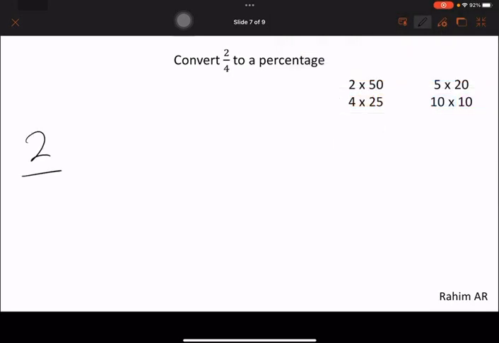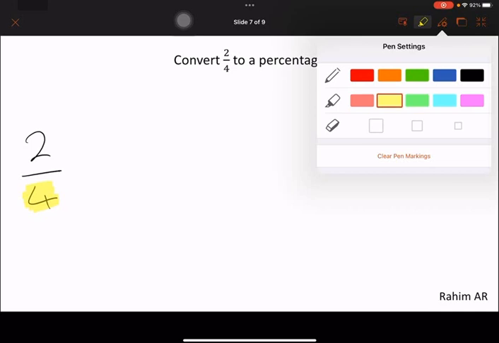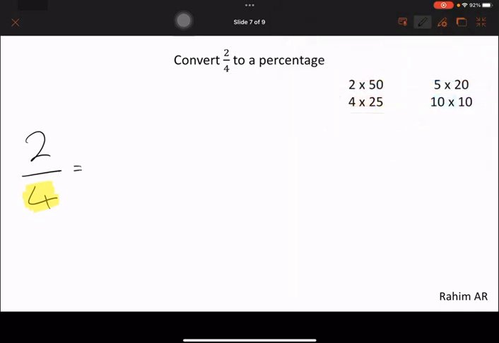2 over 4. The same problem happened here. 4. Because we want to change the denominator to 100. Therefore, look at our clue here. This one, 2 times 50.